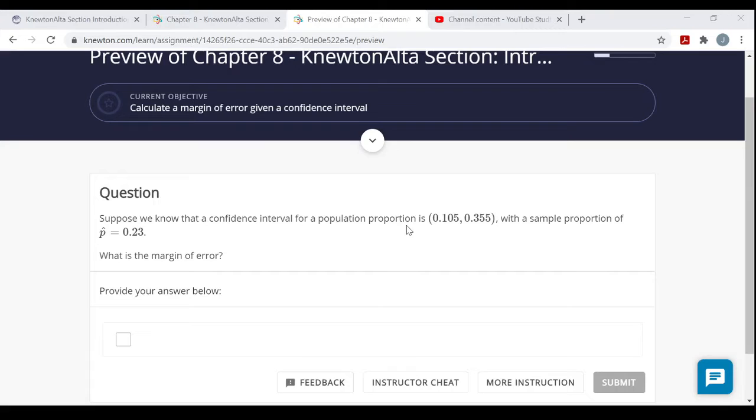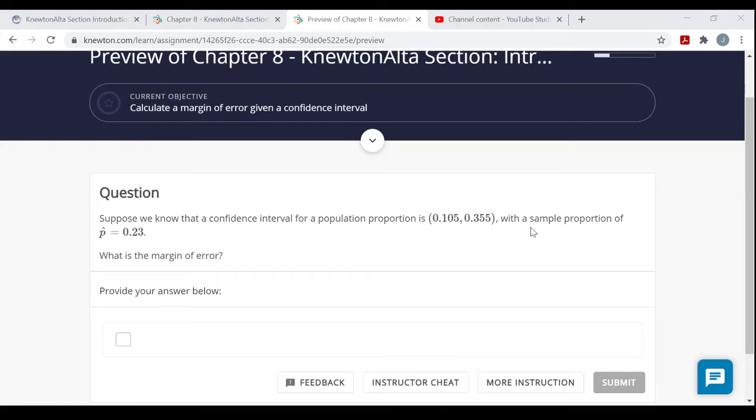You say I'm reasonably confident with whatever percentage confidence. There should be a confidence level associated with a confidence interval, like I'm 90% confident, I'm 95% confident, etc. What they're saying here is that we're reasonably confident that the population proportion p is somewhere between 0.105 and 0.355.